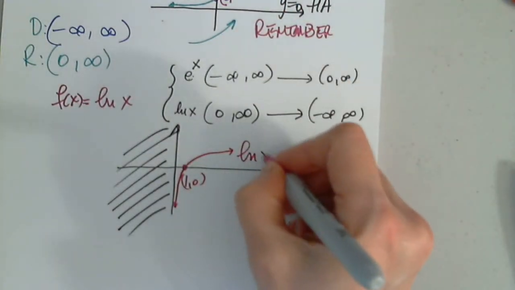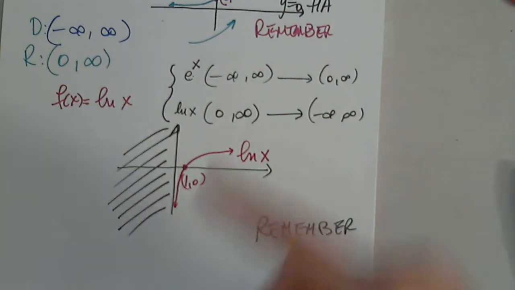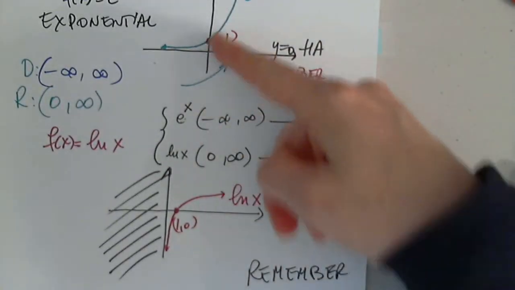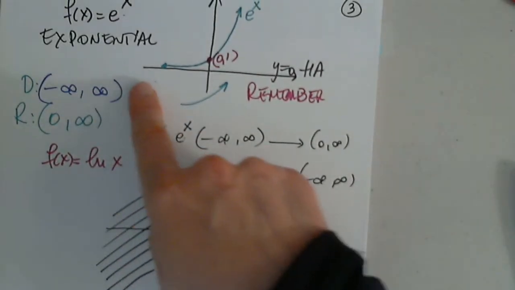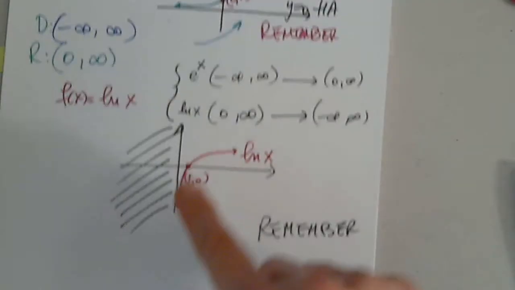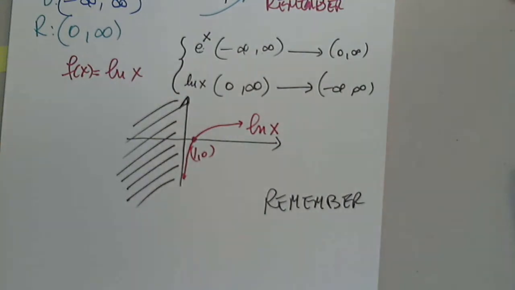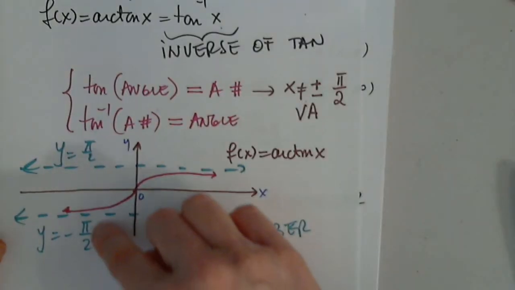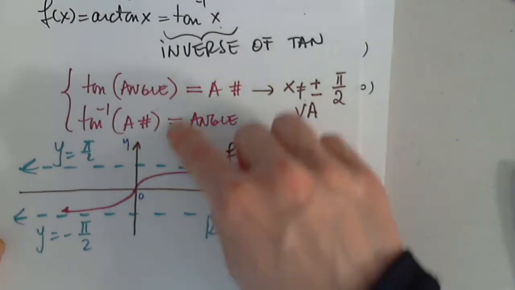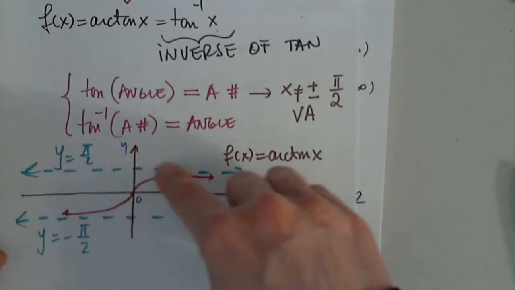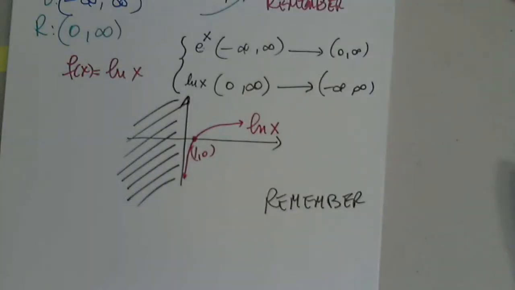And this is natural log x. Both are increasing on their domain. If the exponential is increasing, its inverse must be increasing. If the function tangent is increasing, its inverse is increasing on all its domain.